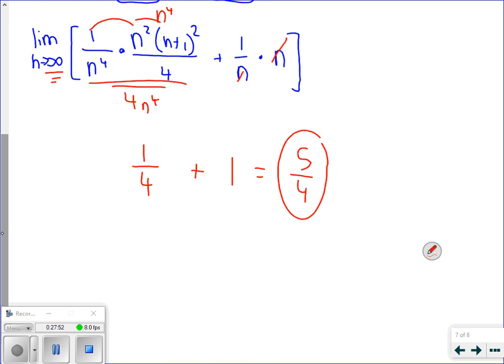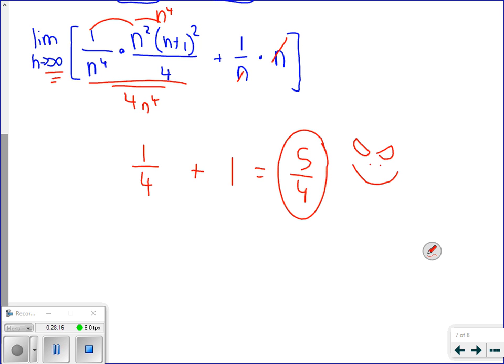In this case, 5/4. There's an interesting concept of what we're doing here, and we're going to talk about what this definition means later. And we're going to really define the definition of a derivative or of an integral later. But for now, we are just refreshing ourselves with how to do the math, and we're going to practice that a lot more.